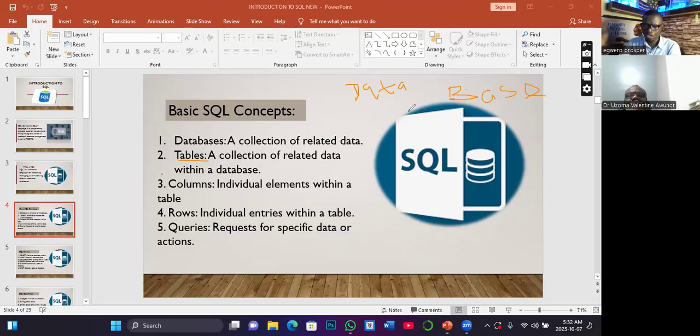cardinality. Then we can also have many-to-many. That is where you have, let's say, a company car assigned to all the staff.